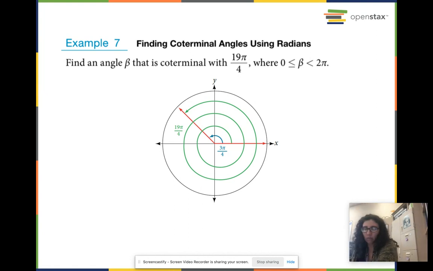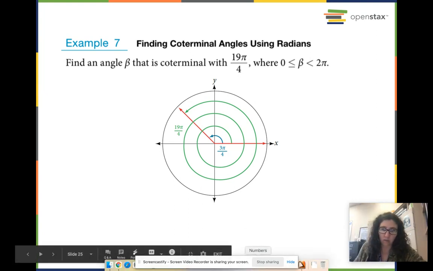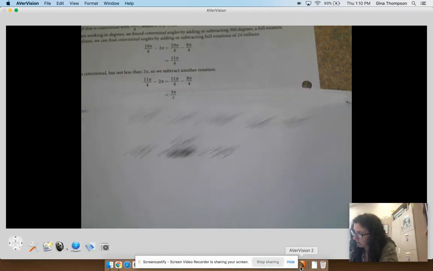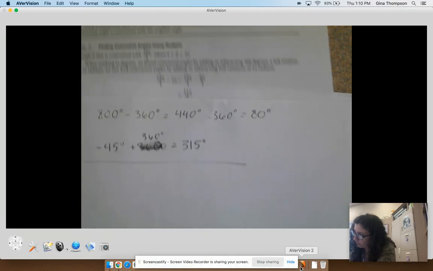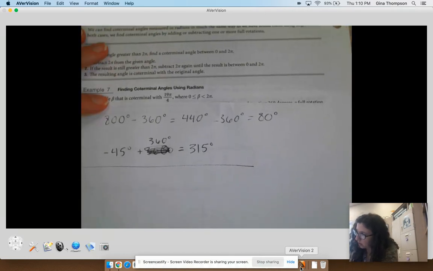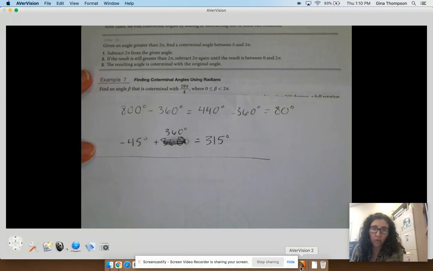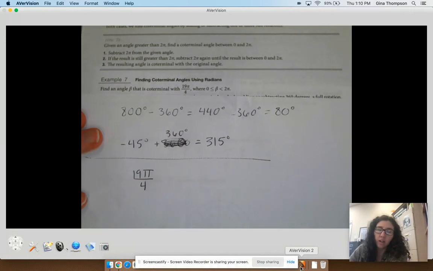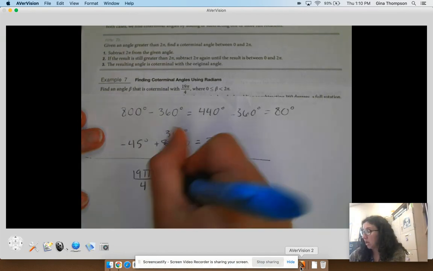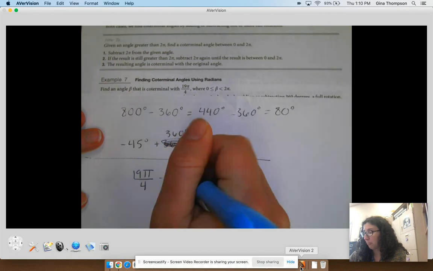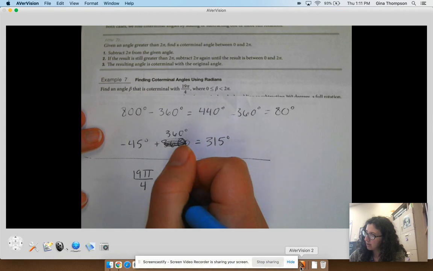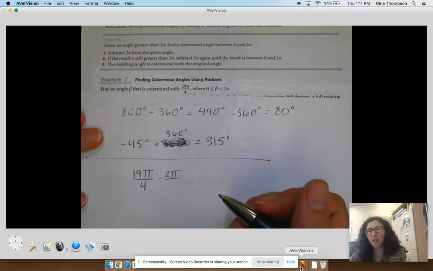All right, so let's look. Find the angle beta that's coterminal with 19 pi fourths. What's the equivalent of subtracting 360 degrees? It is subtracting 2 pi, right? How could we write 2 pi with 4 as a denominator so that we can actually subtract it?